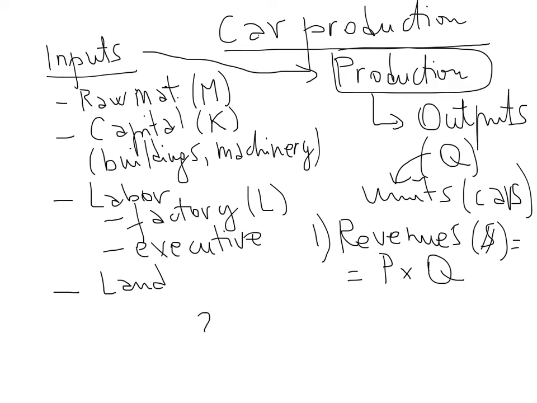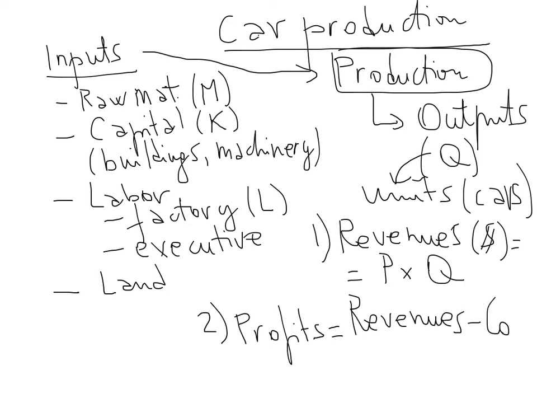So this is how we define the revenues. And second, we are going to have profits, defined as total revenue minus total costs of production. Revenue minus cost, that's going to be our profit.